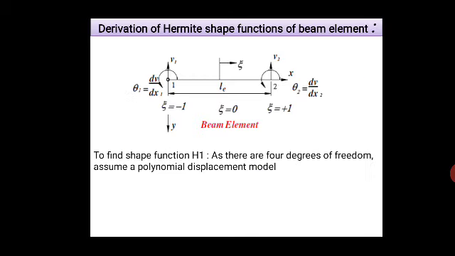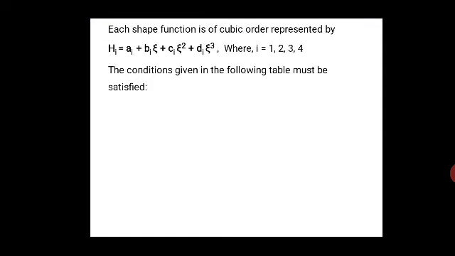Now we shall derive the Hermite shape function for the beam element. To find the shape function H1, as there are 4 degrees of freedom for the element, assume a polynomial displacement model, that is Hi is equal to ai plus bi zeta plus ci zeta square plus di zeta cube, where i is equal to 1, 2, 3 and 4.